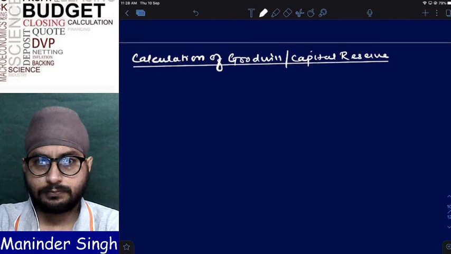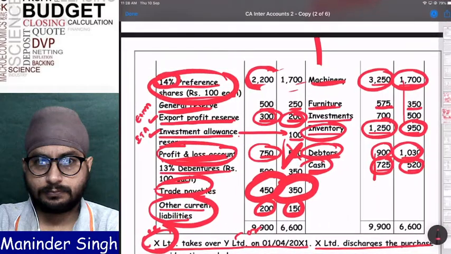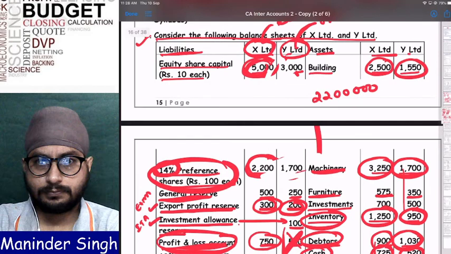So first we will find out the net assets. Clear? Net assets taken over. How much? Let us see. Tell me whose net assets I should see. X Limited is paying money to whom?